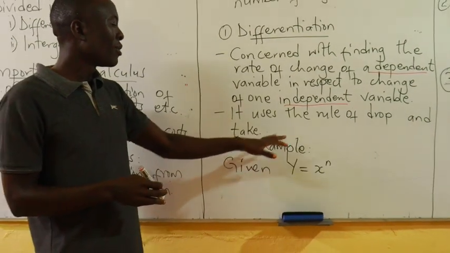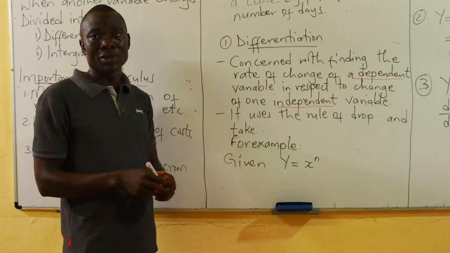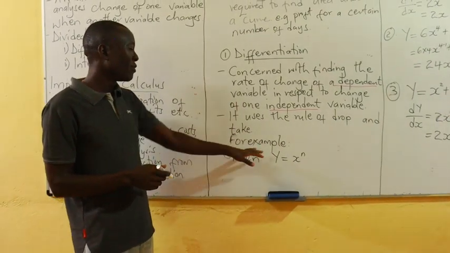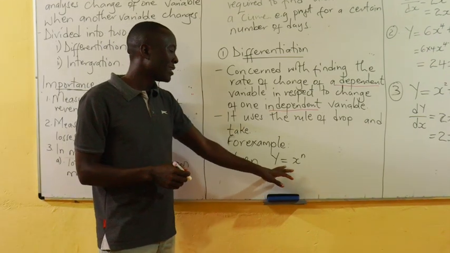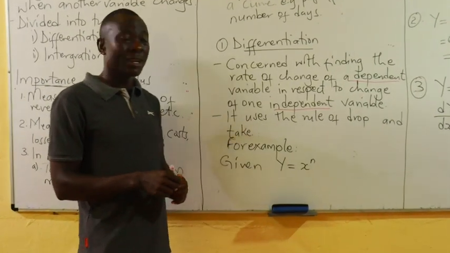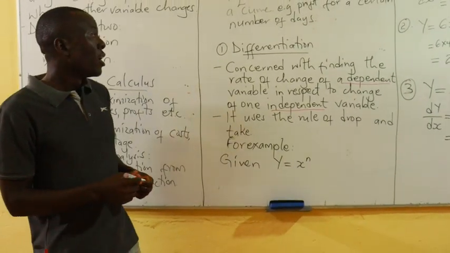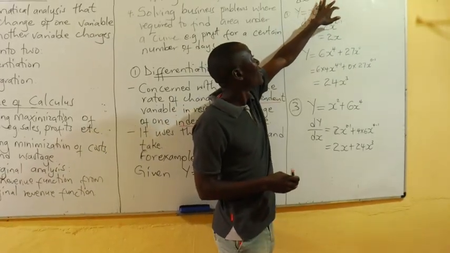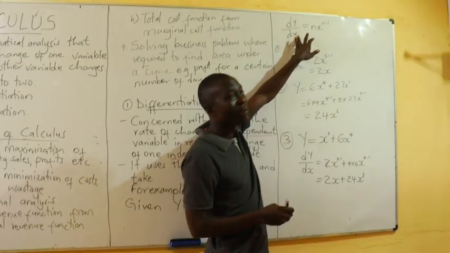Normally here we use a function to demonstrate how to differentiate. When we are given a function y equals x raised to power n, then when we differentiate, we call it dy over dx.